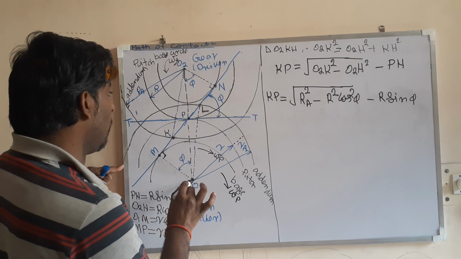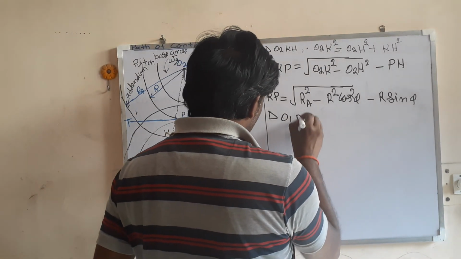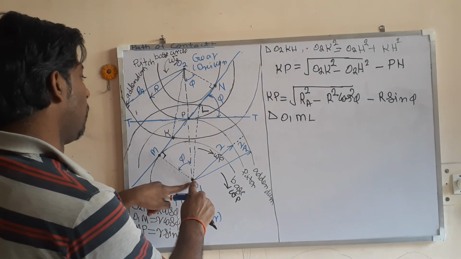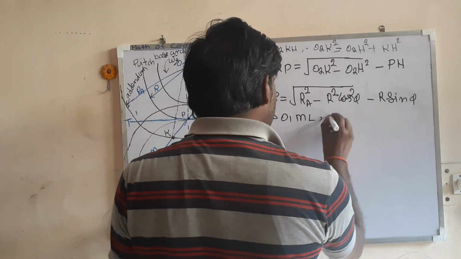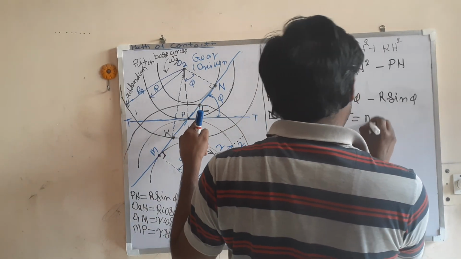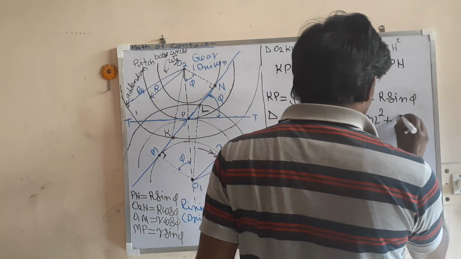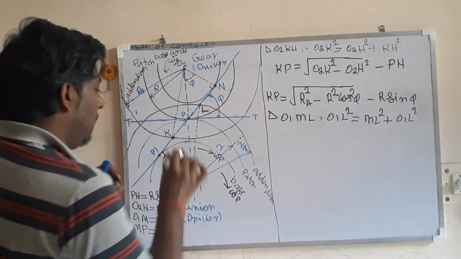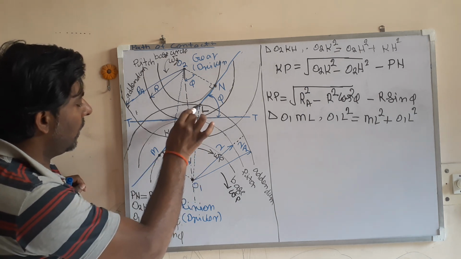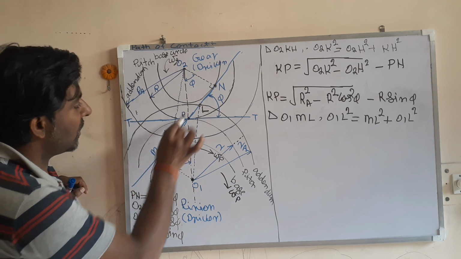Now you take the right triangle O1ML. In this triangle, O1L square is equal to O1M square plus ML square.